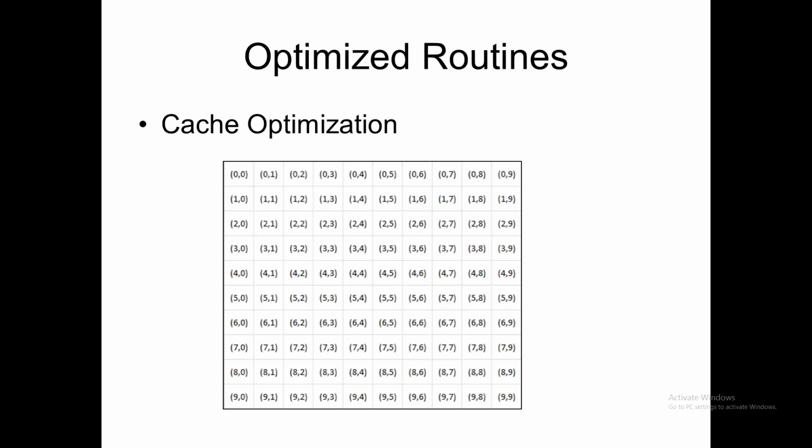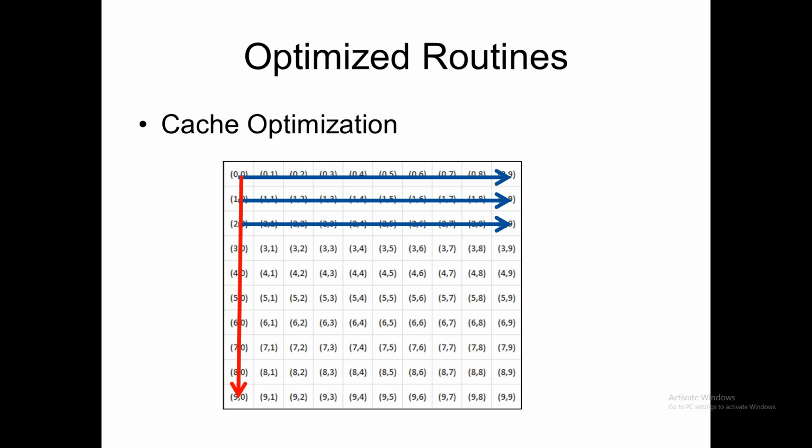The problem is that arrays in C# are typically stored in row major. That means the elements are stored first the first row, after that the second row, and then the third row, and so on. So if you access these elements in this order, that is very efficient. However, if you want to access a column, the processor has to jump from the first element to, in this case, the 11th element, and then to the 21st, and so on.